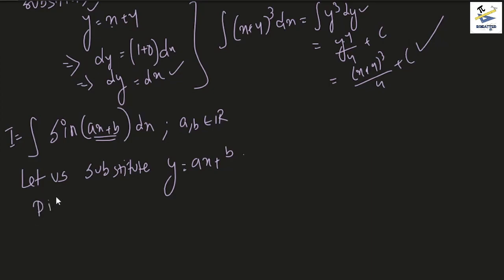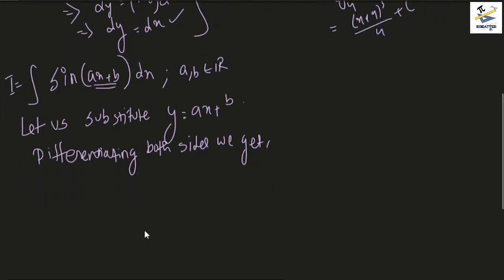Differentiating both sides, we get dy equals a into dx, because the constant b would disappear, and the derivative of ax is just a, and we always have an extra dx, as I told you.